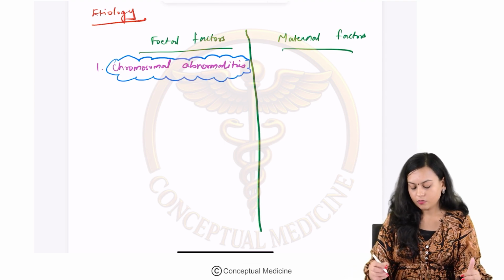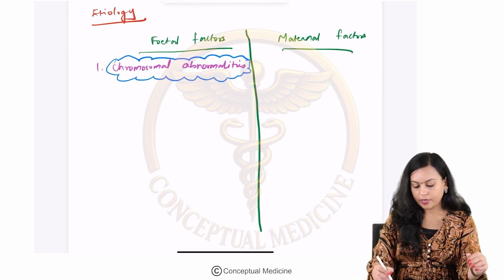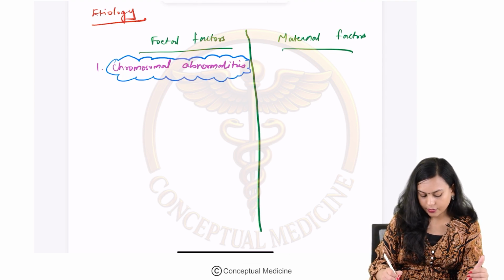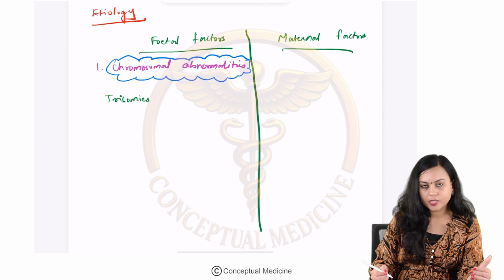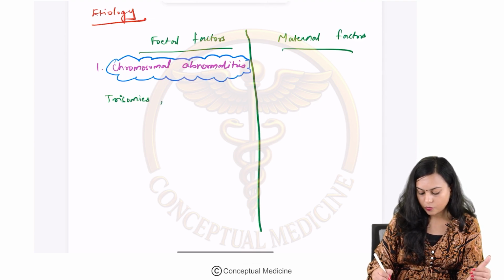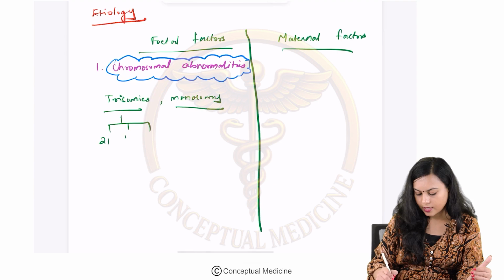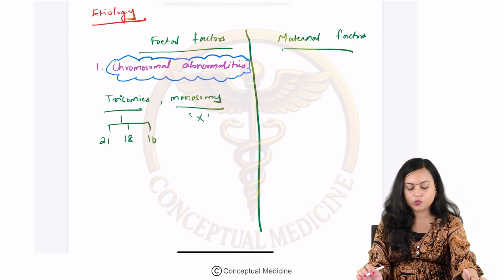Now in chromosomal abnormalities, usually we know there are trisomies and monosomies. In trisomies, we have 21, 18 and 16, and monosomy X, which is Turner syndrome, which is the most common.